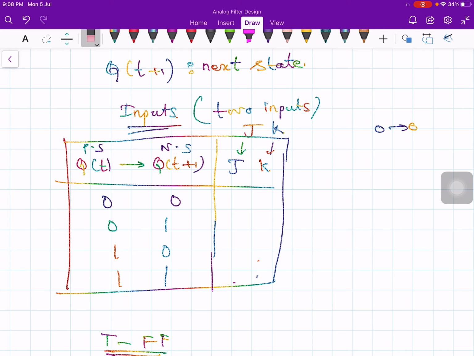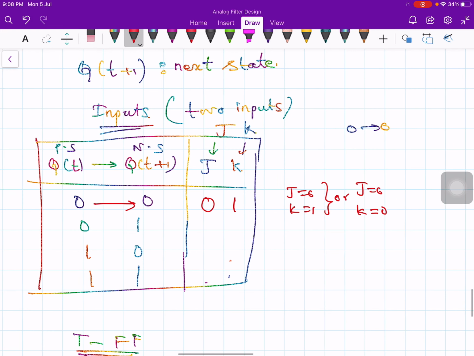Why? Because it is a reset condition. Therefore, J is 0 and K should be 1 because reset. And there is no change in state. So, therefore, 0 to 0 can happen when J equal to 0 and K equal to 1, or J is 0 and K also 0.